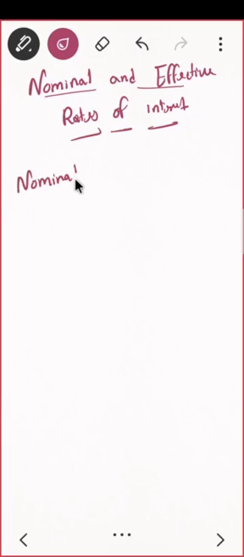Nominal interest, nominal rate of interest. Can I write rate of interest as ROI, will you understand? For rate of interest I am writing ROI. It will be easy to write.